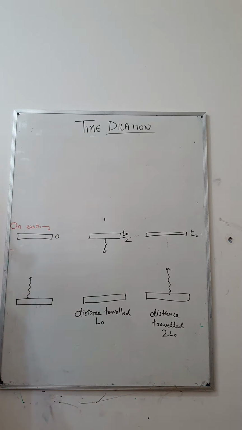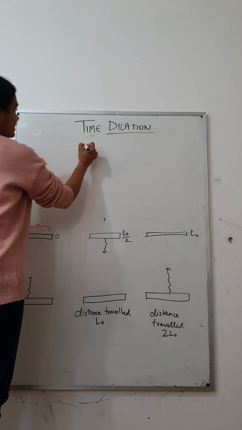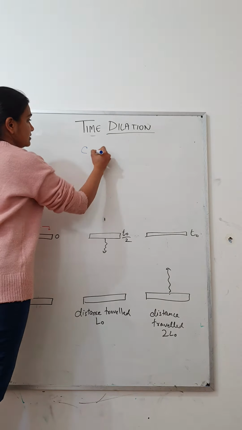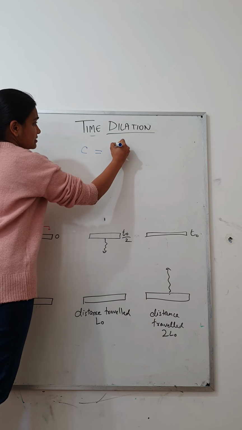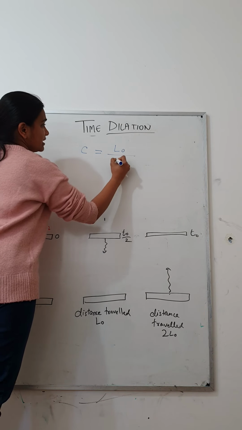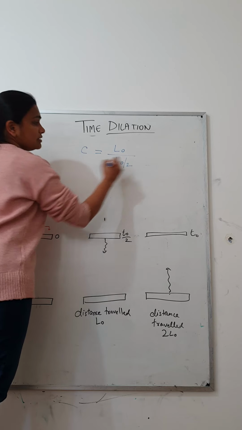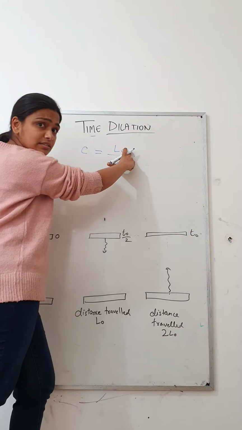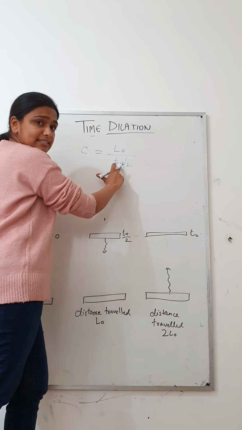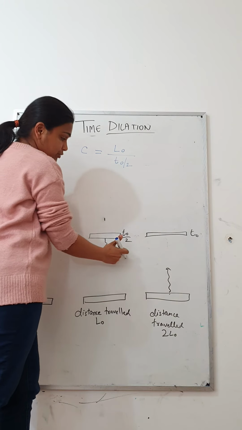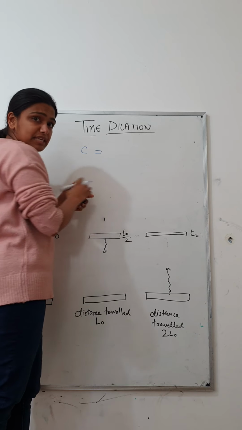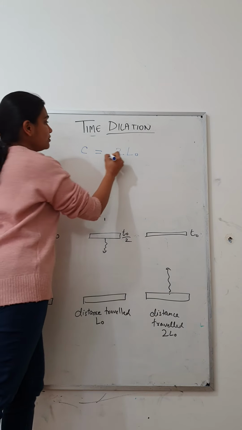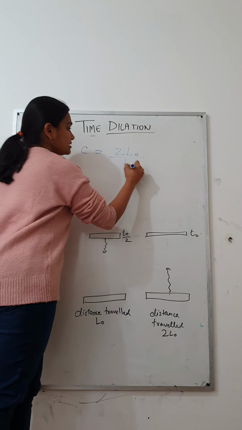What will be the speed of the light? The speed of light is, as we all know, c, distance divided by time. If I take the distance as L0, I take the time as T0 divided by 2, or simply I can take the distance as 2L0 and the time as T0.